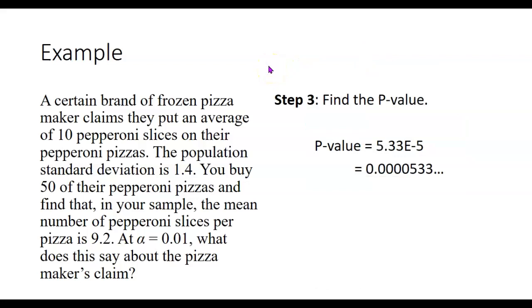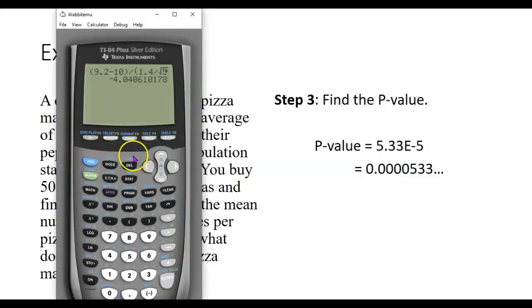Now on to step 3. Here's where we have to find the p-value. If you did this on the calculator, you put in the numbers, you asked it to calculate. Notice right below the z-score, it gives p equals. Now be careful.